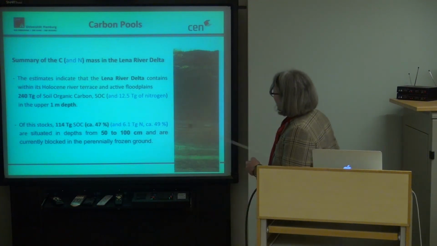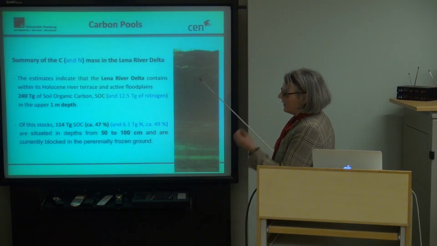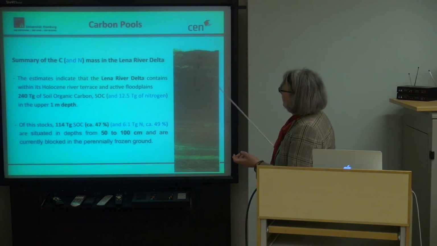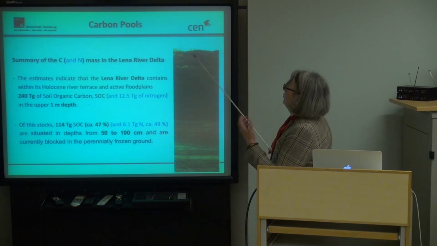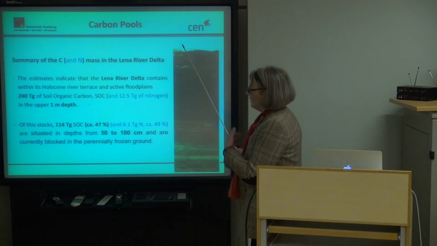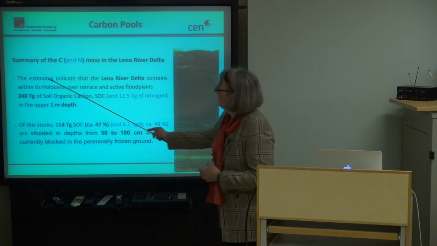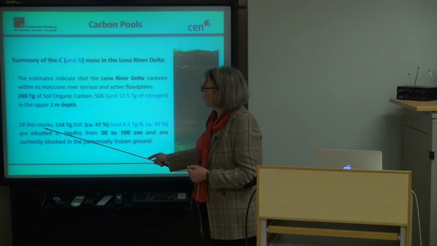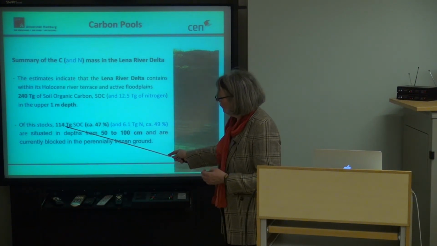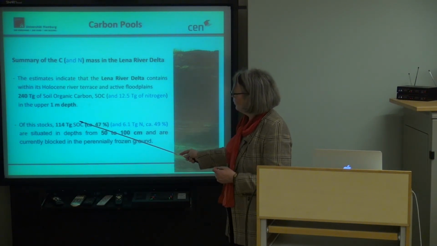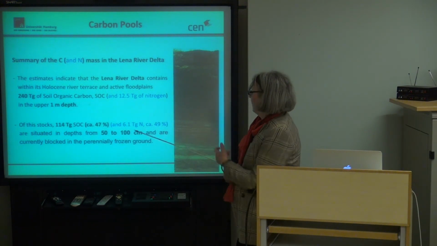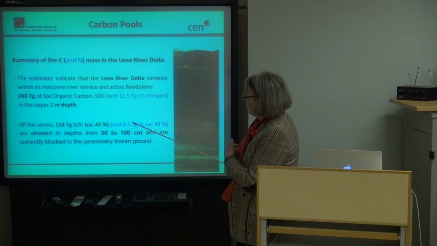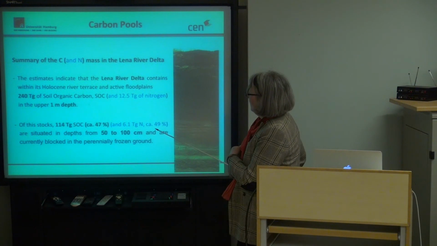So we have a huge potential, which is viable immediately if you want to use the soils or you want to let them be a nature reserve, everything you can use this. And of course, if you look closer at this stock, 114 teragram soil organic carbon, and in the same range 6 teragram carbon.